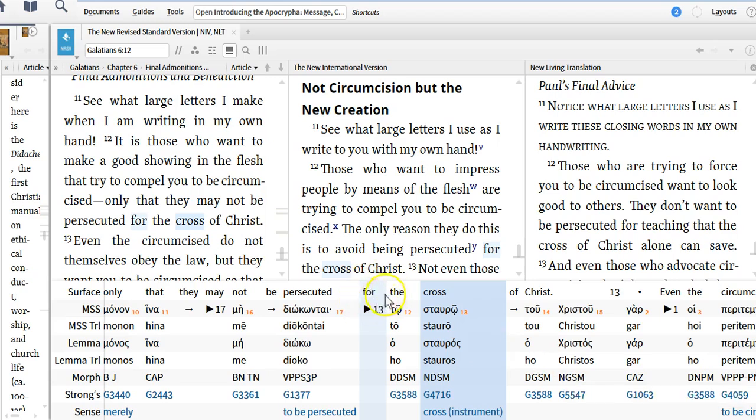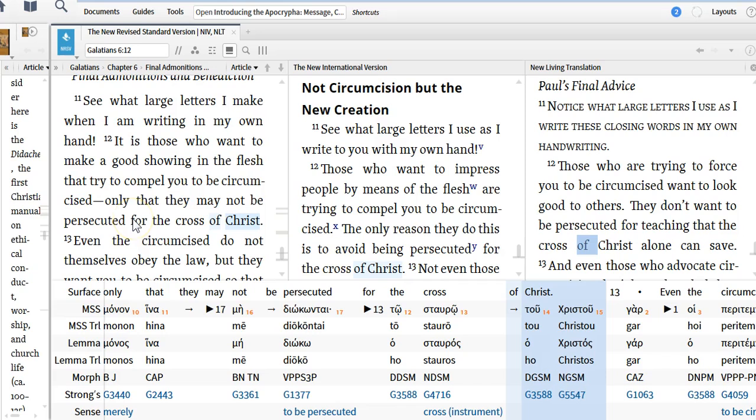"For" is the word chosen by both the NRSV and the NIV to represent the dative case function of the cross here. And "of" is the word chosen by the NRSV and, as it happens, also the NIV and the NLT to represent the genitive case function of the word Christ.